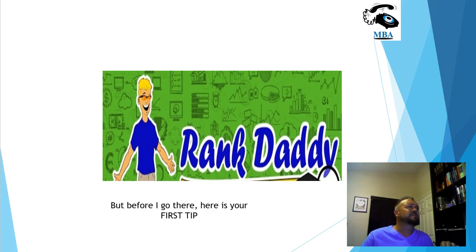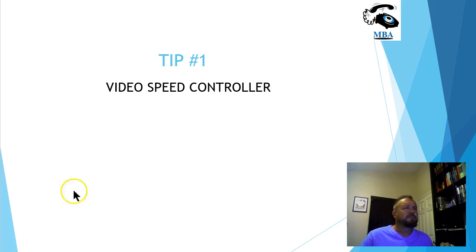I just want to show you guys something real quick. Video speed controller, for when you're watching these videos and going through them. Let me pop up a window real quick.